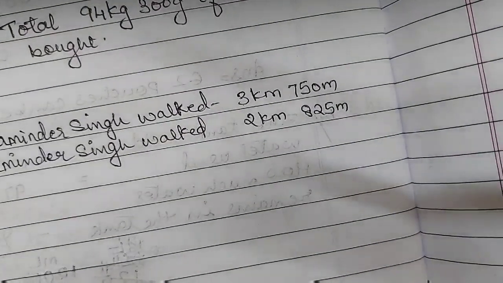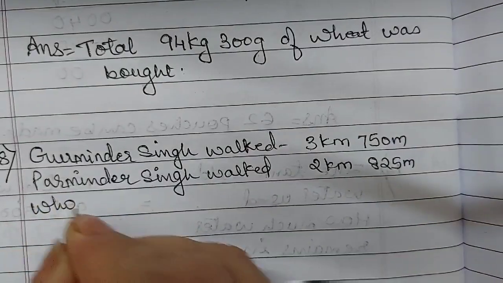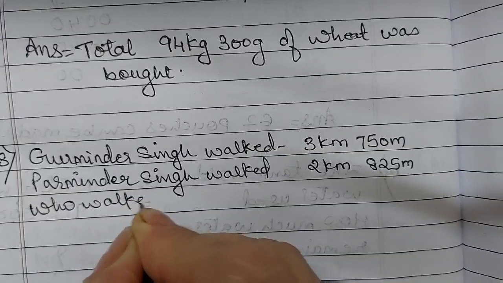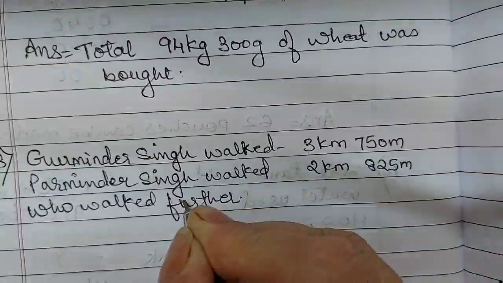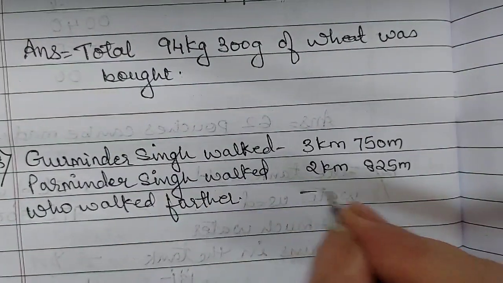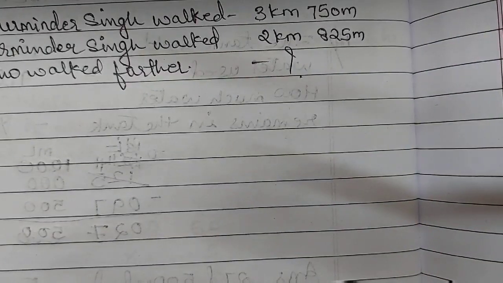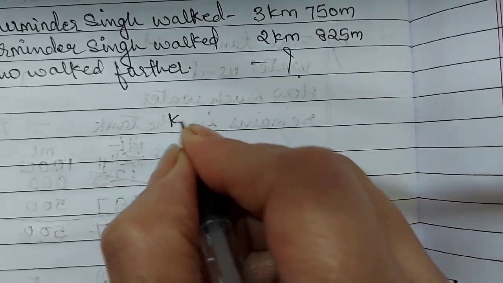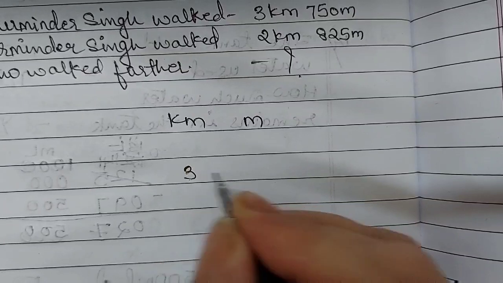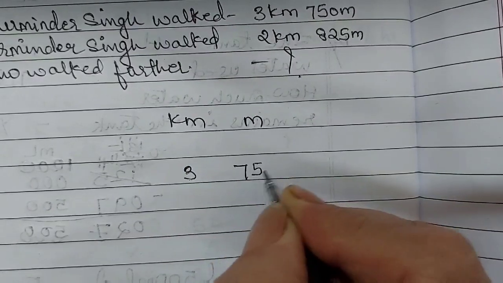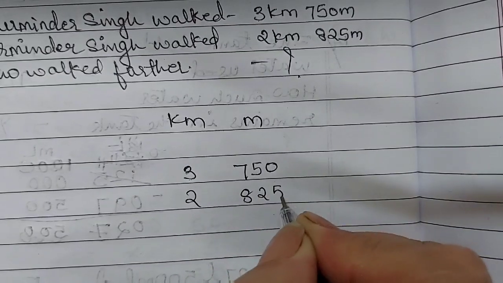Now we have to find out who walked further. Right? So what will we write? Kilometer and meter. This is 3 and this is 750. This is 2 and this is 825.